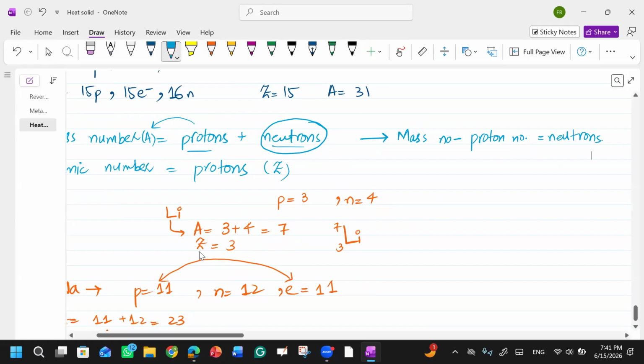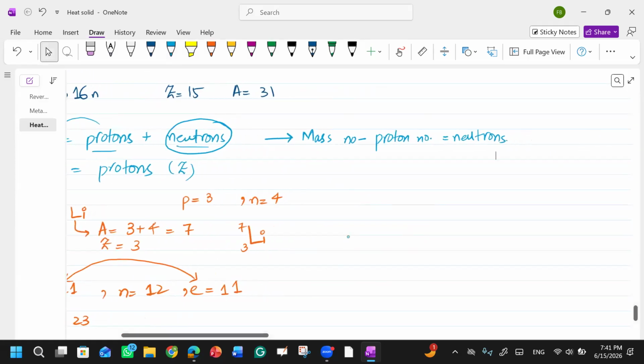This is the equation. For example, they have mentioned this, and now they are asking what is the proton number, the neutron number, and the electron number. Firstly, the proton number would be 20.